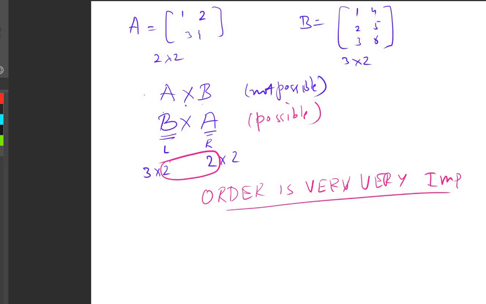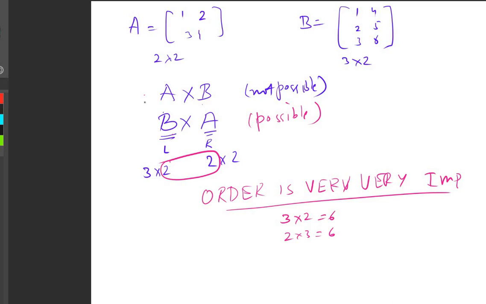This is not like regular mathematics where you say 3 times 2 is 6, so 2 times 3 is also 6. Regular arithmetic allows that, but matrix arithmetic does not, especially in the case of multiplication. Does that make sense?